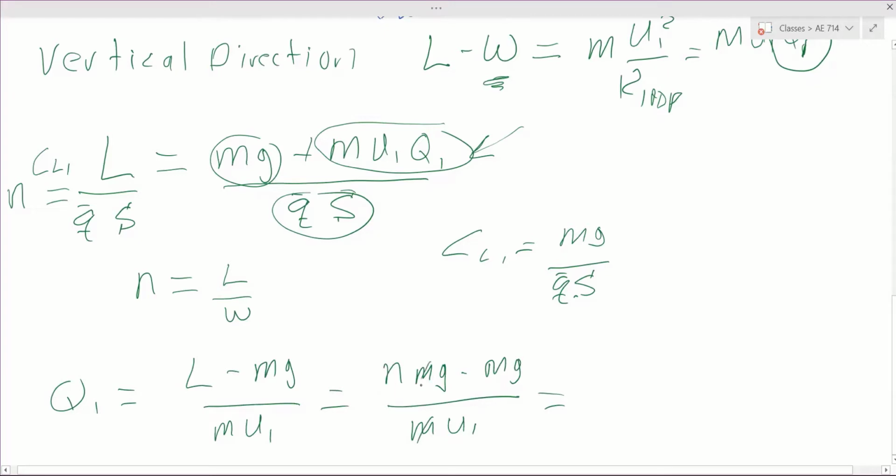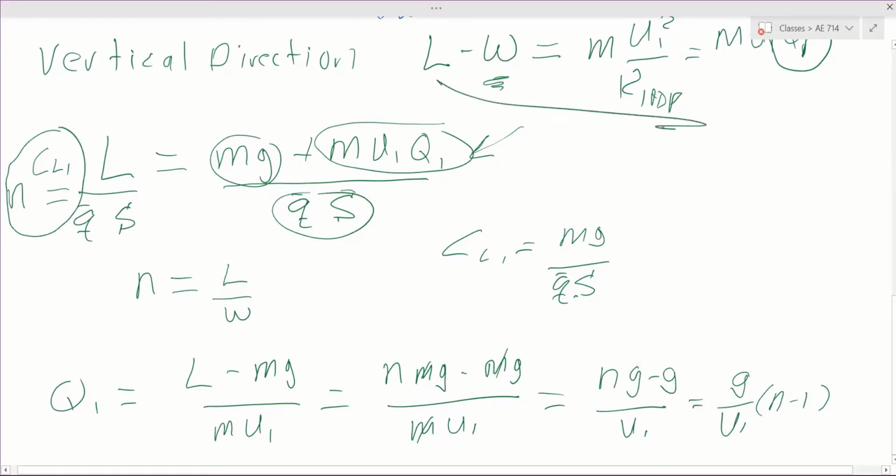So the masses cancel out. And we get a nice simple expression for Q1 that we need to substitute into Q1 on the board. And so the term mg plus m U1 Q1 over Q bar S, we just plug in N CL1. And that came from this force balance equation. And then also from the force balance equation, we find out what Q1 is.